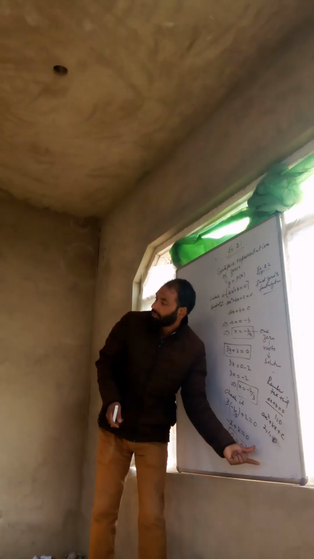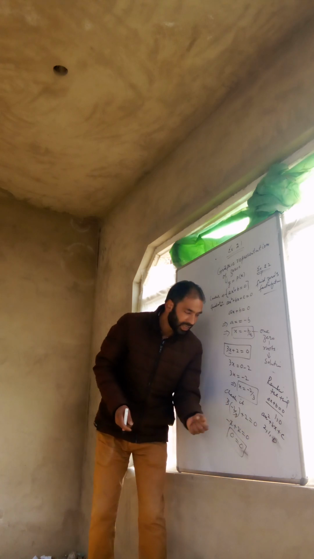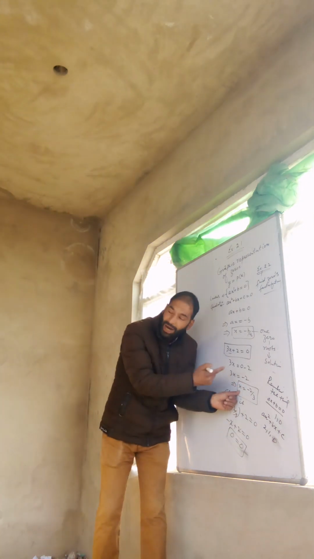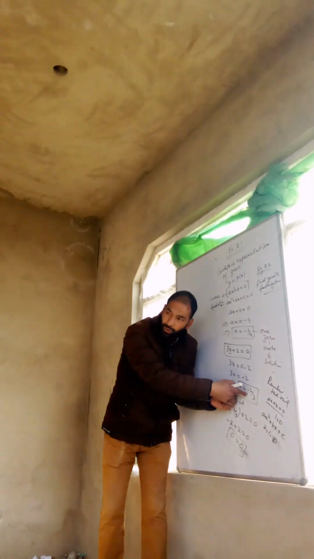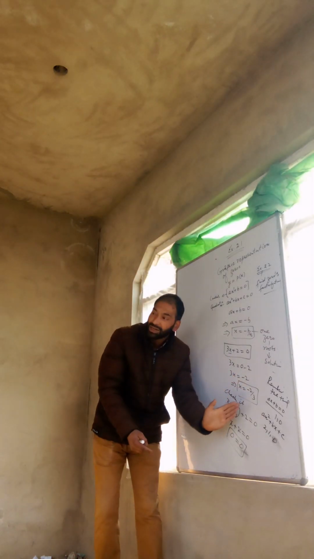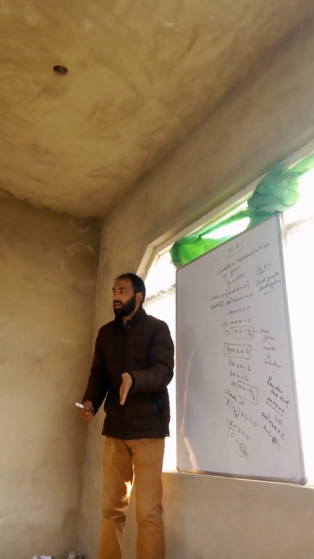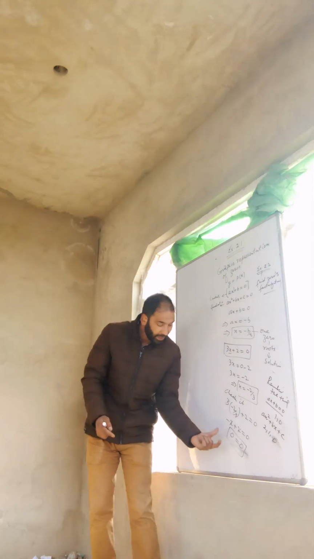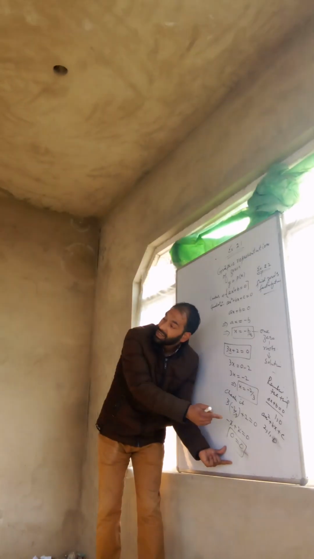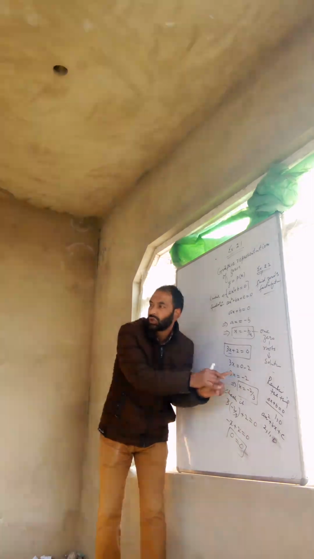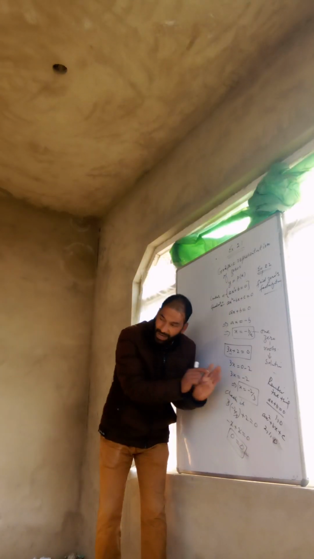For example, x is equal to minus 2 by 3 is a value which makes the left hand side equal to the right hand side. Is there any other value that can make the left hand side equal to the right hand side? So we can say that there is only one solution, minus 2 by 3.